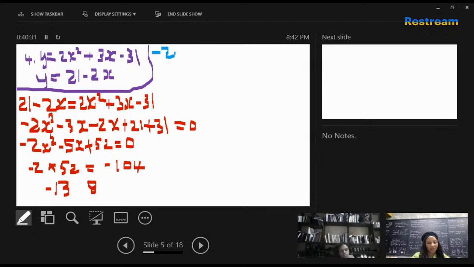Negative 2x squared minus 13x plus 8x, and put the 8 close to the 2 and the 13 close to the 52. minus 13x minus 31... plus 52. Oh yes, we forgot that. Plus 52. What else? Oh, equals 0.